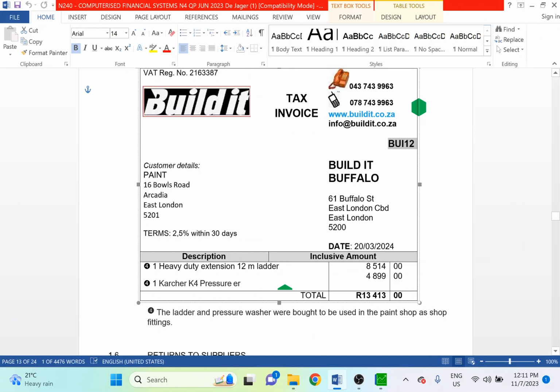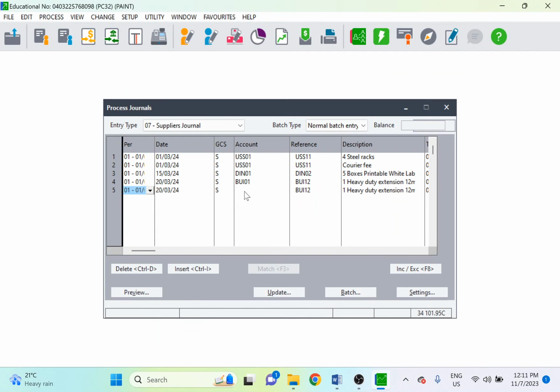Second item purchased is 1 catcher K for pressure. Same date, 20th. Same supplier, build it. Same reference. And then under description, it's 1 K4 pressure washer.